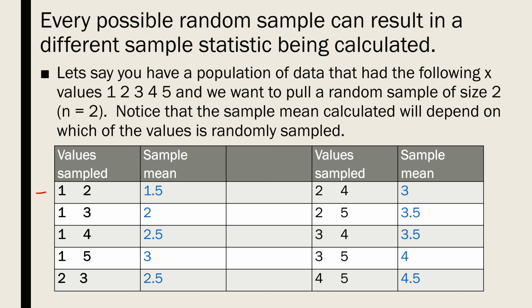In the first sample, we have values 1 and 2, so the sample mean is calculated as the average of 1 and 2. For the second sample, we have values 1 and 3, so the sample mean is calculated as the average of 1 and 3. And so on and so forth for all samples we have here.